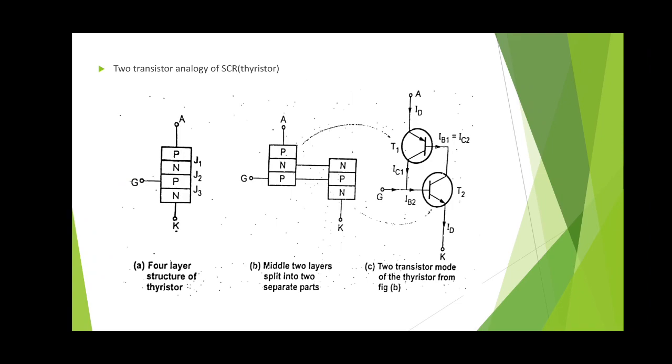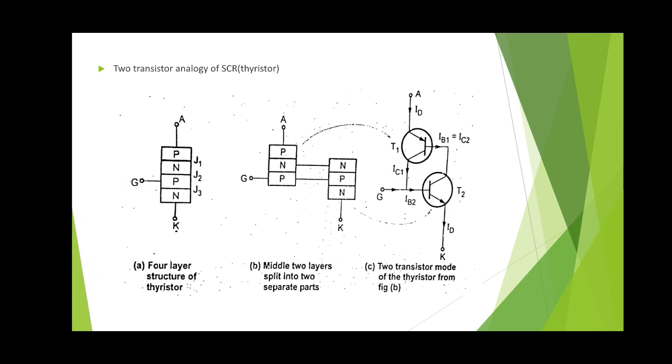The first figure shows the 4-layer structure of the SCR. The second figure shows the middle 2 layers split into 2 separate parts. You can see that two transistors, that is PNP and NPN, are connected back to back, whose equivalent circuit is shown in the third diagram.